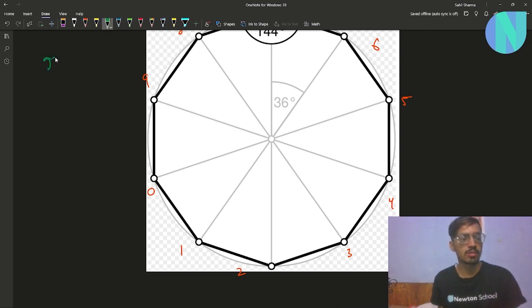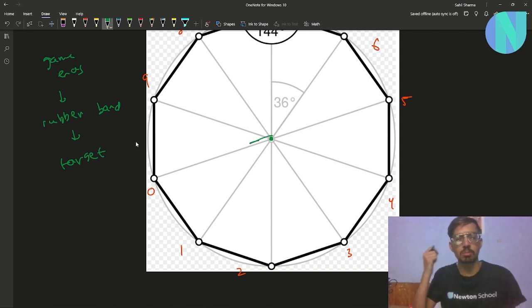So when the game ends, my rubber band will be touching the target, right? So something like this. If this is my target, my rubber band will be around here, and it will also touch one of the pegs, right? Because you cannot remove all the pegs.